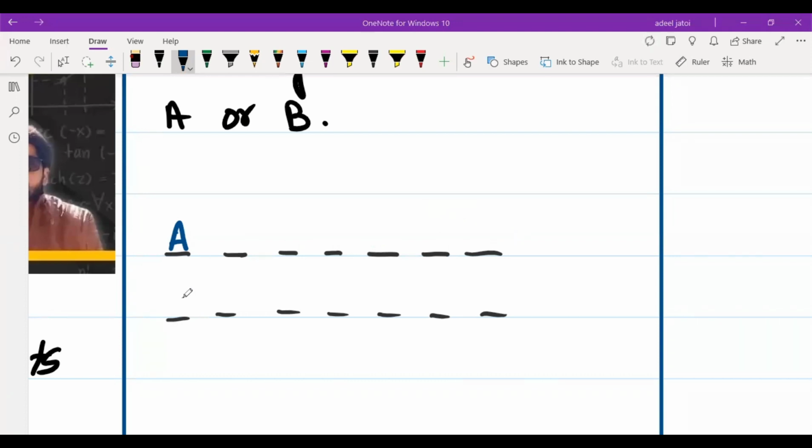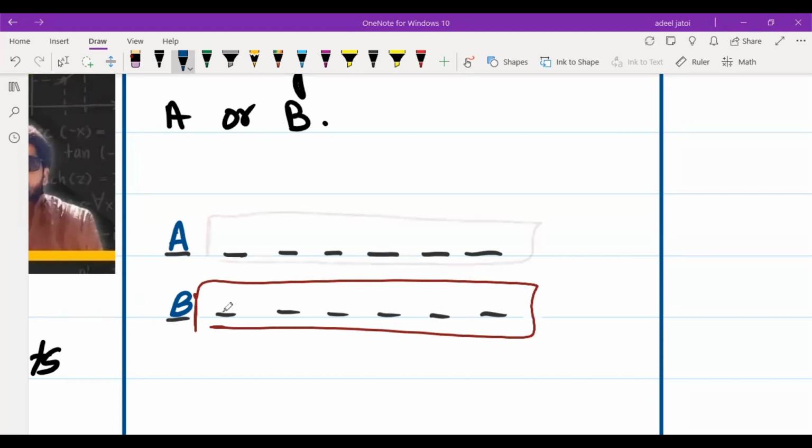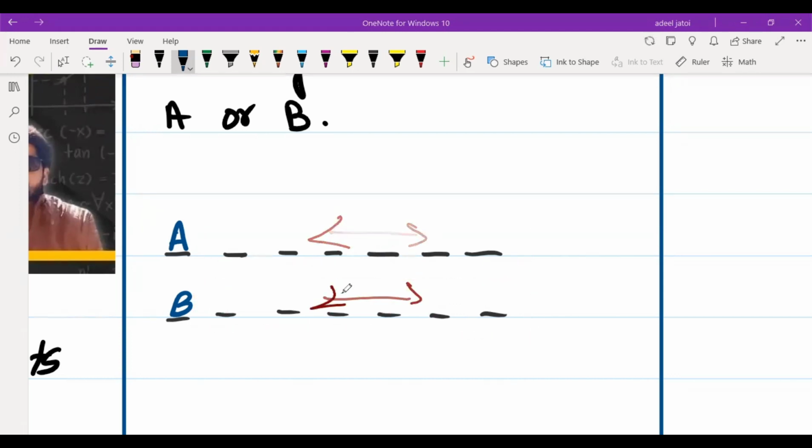Similarly, if I say that I start with B, so this means A, C, D, E, F, G will come here. So all the other alphabets will eventually arrange themselves, but it starts with A, that means this is your fixed position.